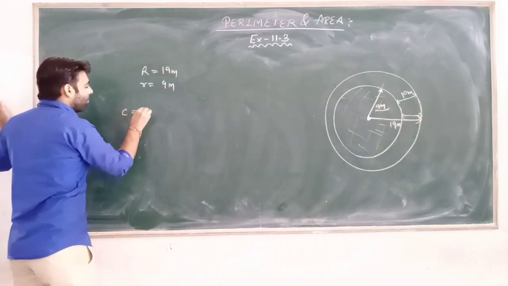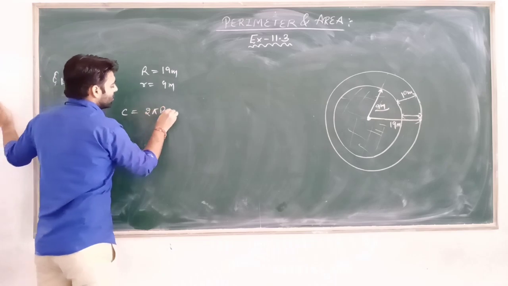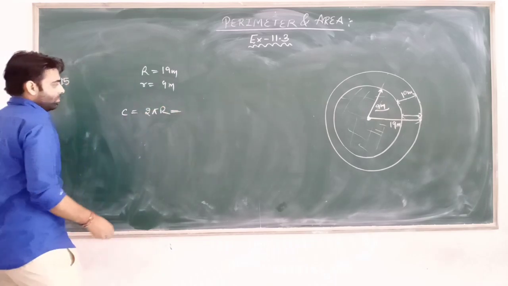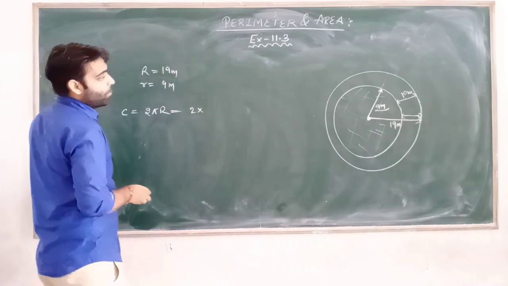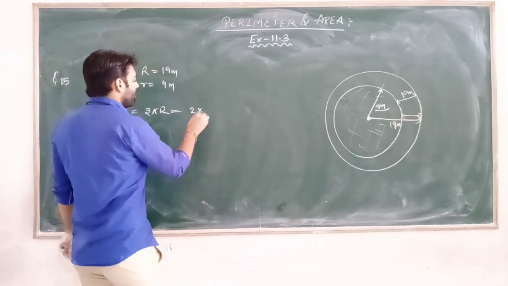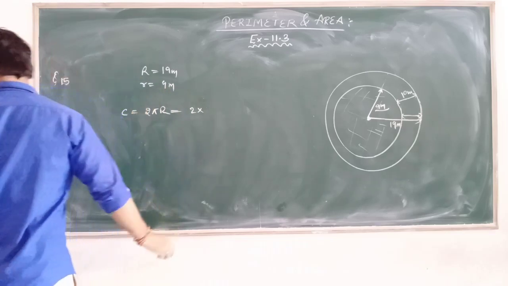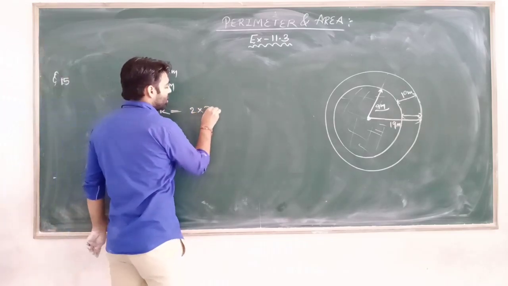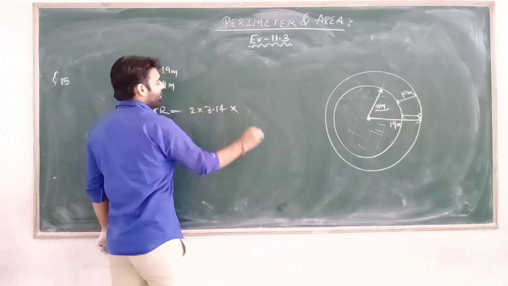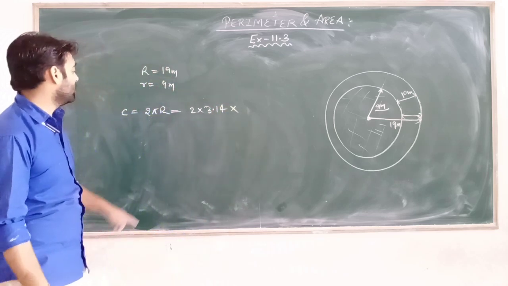For circumference, the formula will be 2 pi r. 2 pi, the value of pi being 3.14 as taken in your question. We can also put 22 by 7.